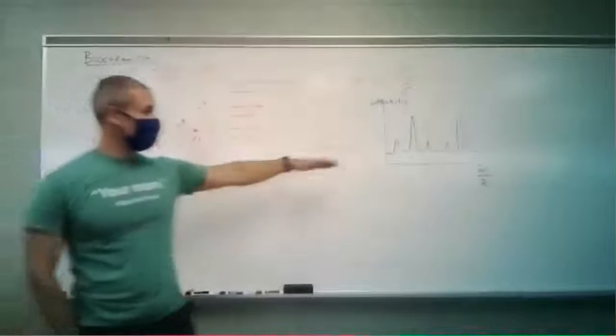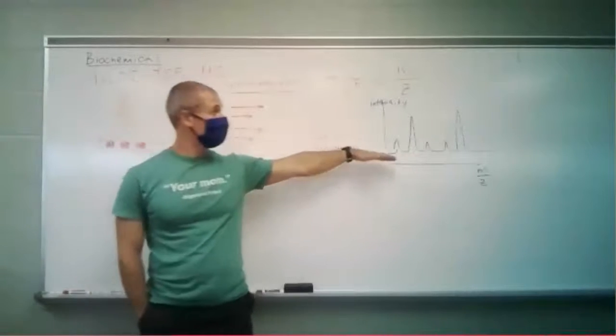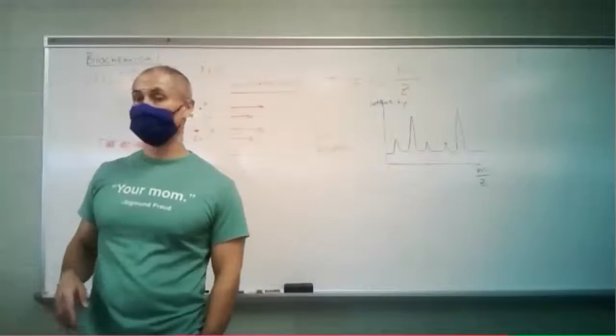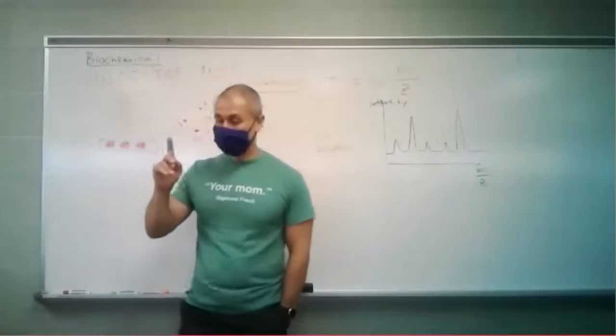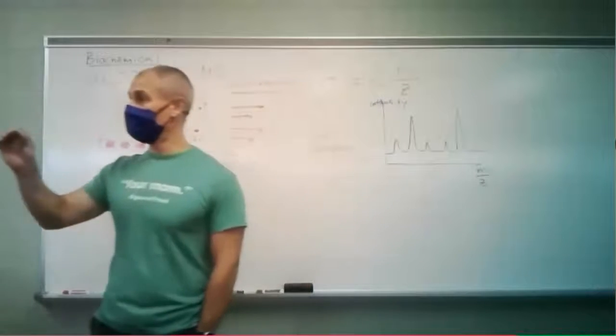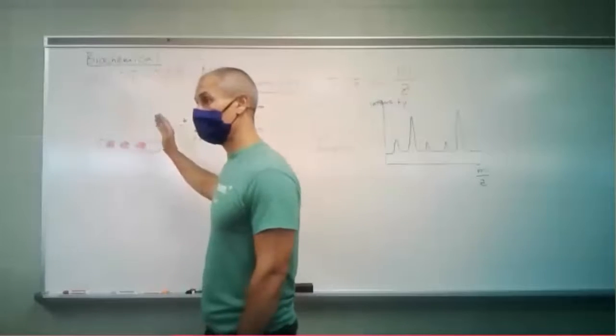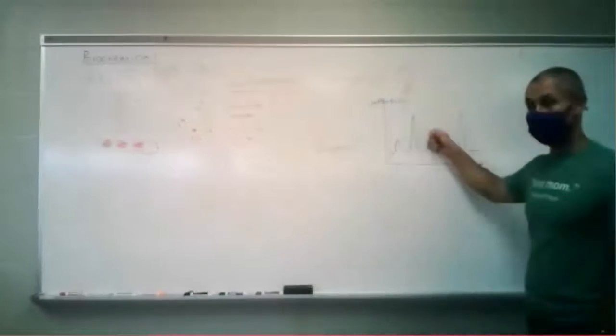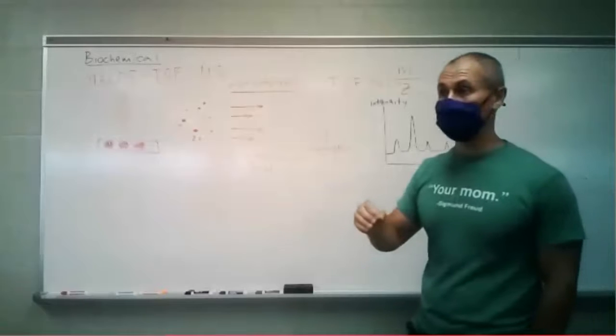So in the end, you get kind of a signature. You see on the graph? It's a signature. Turns out that if you do the same sample in the same conditions over and over again, then the signature will be the same.